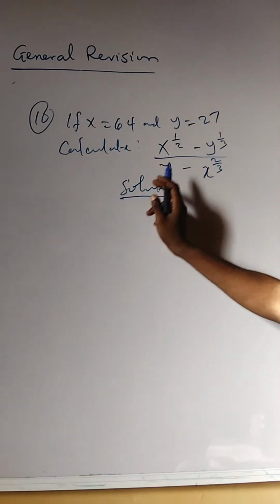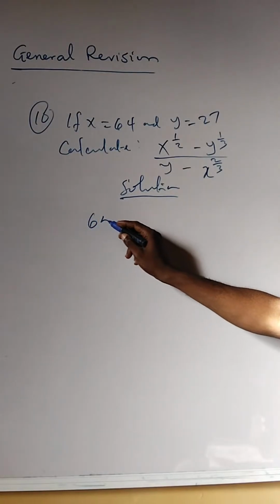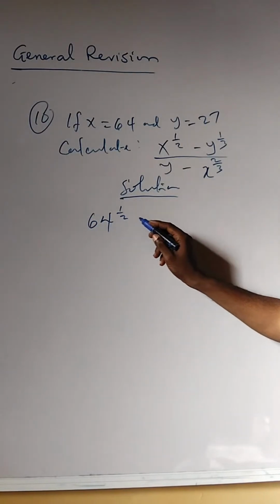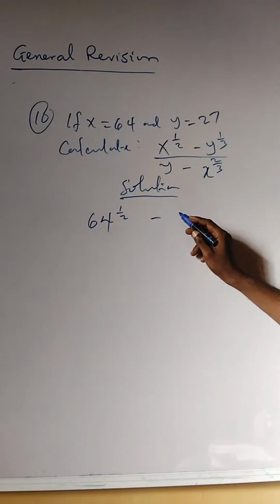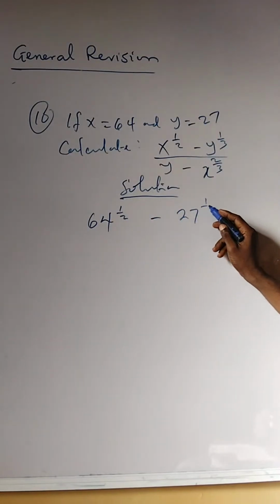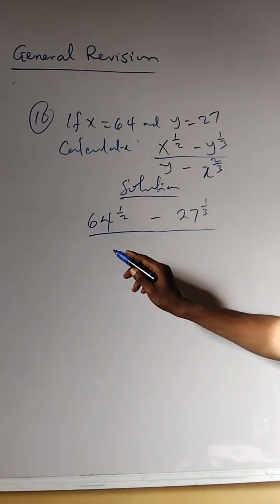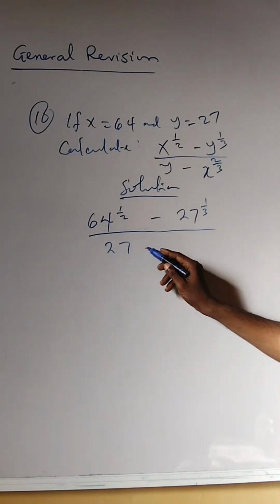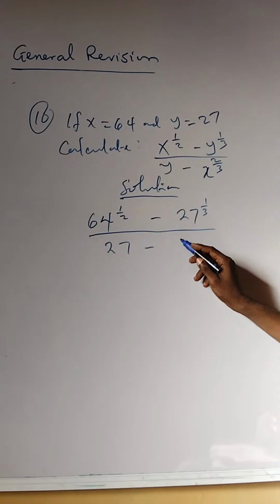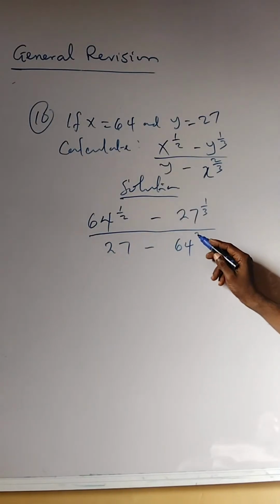So substitute x, 64 raised to power half, minus y, that's 27 raised to power 1 over 3, then over y, that's 27, minus 64 raised to power 2 over 3.